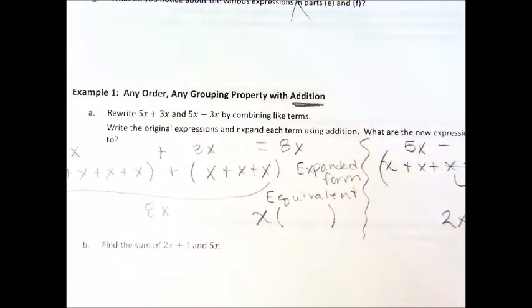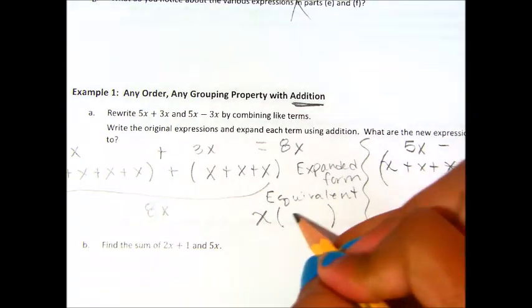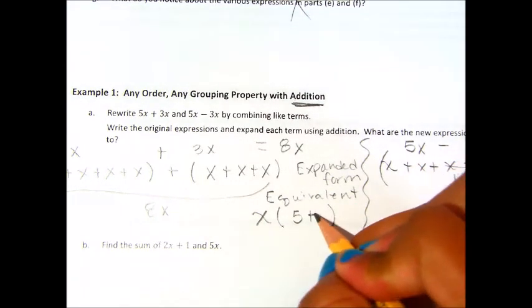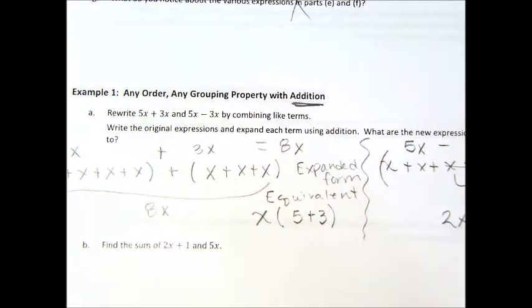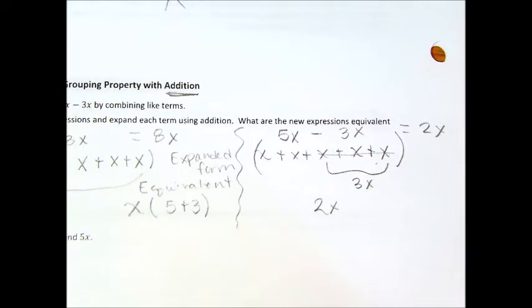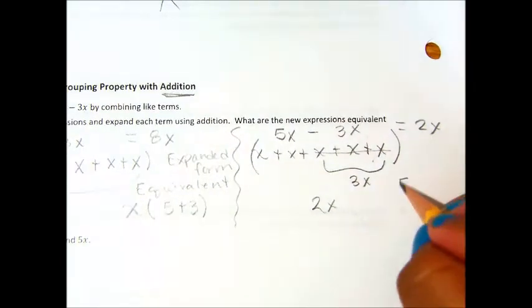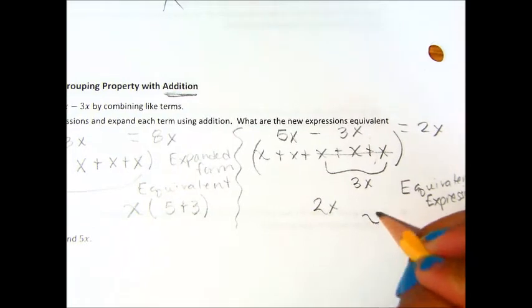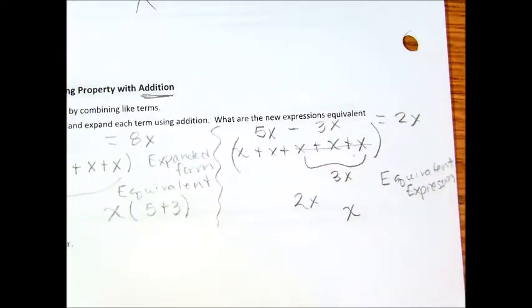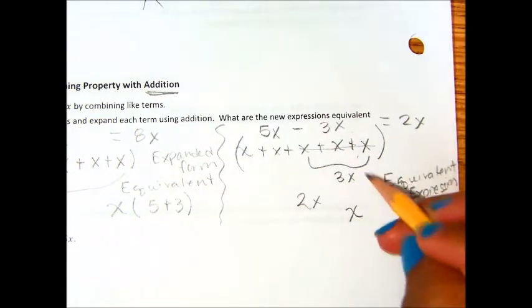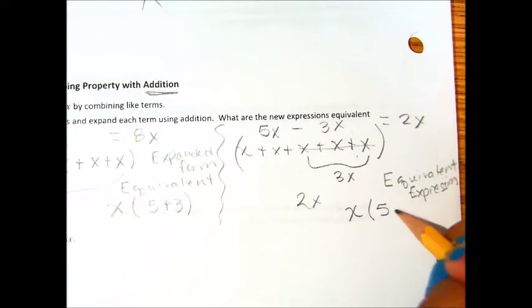And now in my parentheses, I am left with 5 plus 3. What would my equivalent expression for 5x minus 3x look like? I'm going to do the same thing. I'm going to take the x out of the expression, and I'm going to have 5 minus 3.